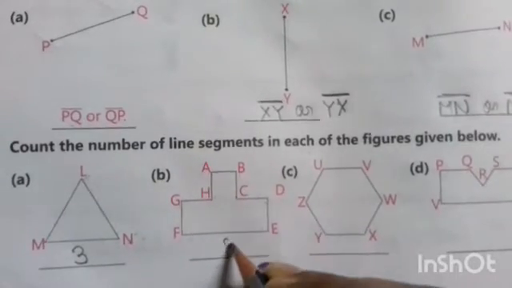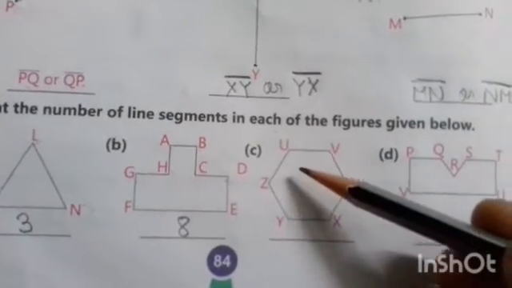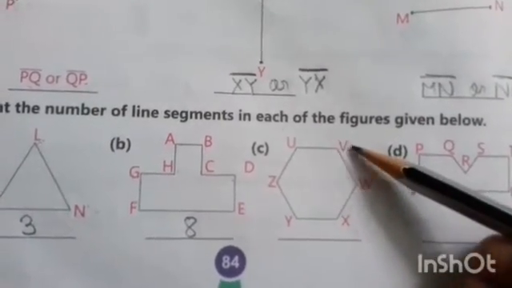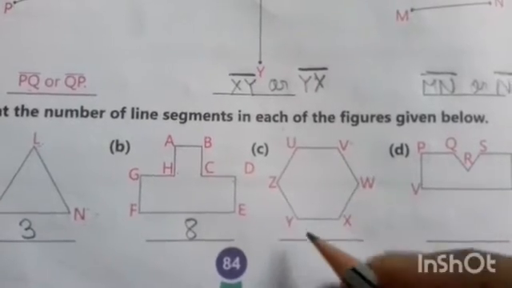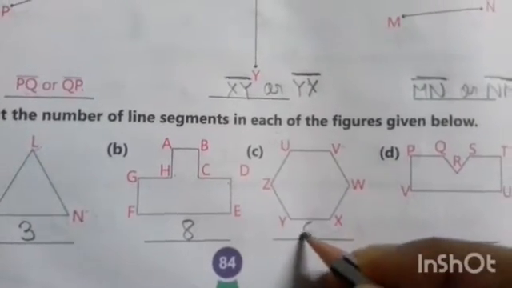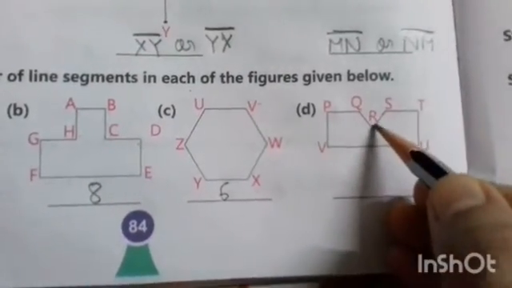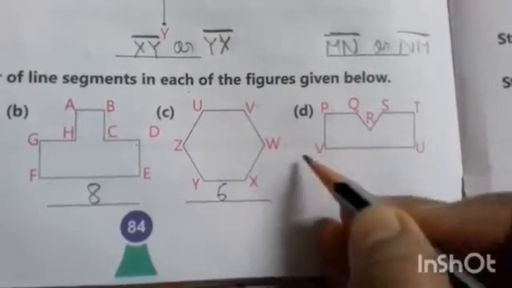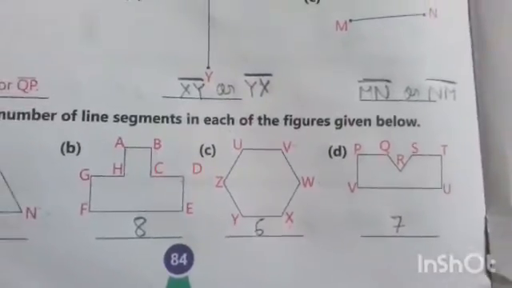Total 8 line segments. Okay, now here UV, 1 2 3 4 5 6. There are 6 line segments. Here 1 2 3 4 5 6 7. Total of 7 line segments.